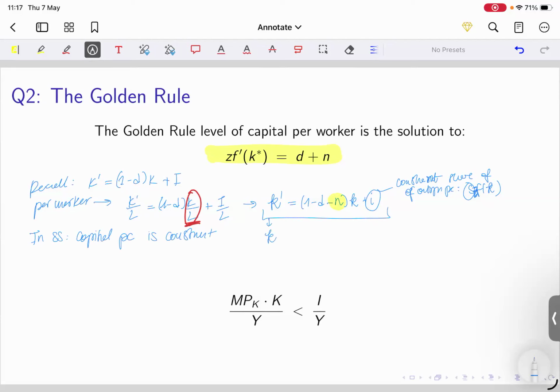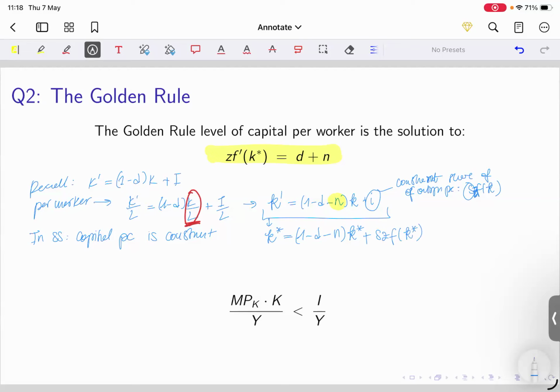What am I saying? That capital tomorrow is going to be the same as today. So (1 minus d minus n) times the level of today, k star, plus what I invest, s z f of k star.